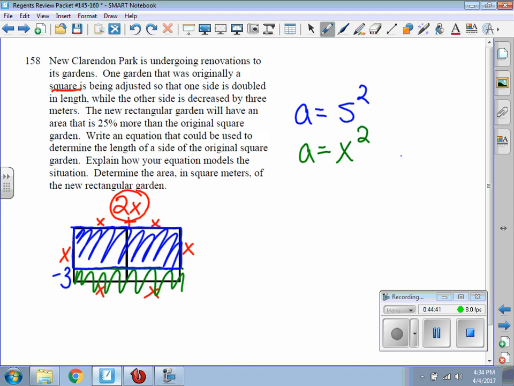That would be represented by 0.25, 25% as a decimal, times x squared. And if we add that to the original area of x squared, we'll get the area of the new shape. Well, what's 1x squared plus 0.25x squared? My new area is 1.25x squared.